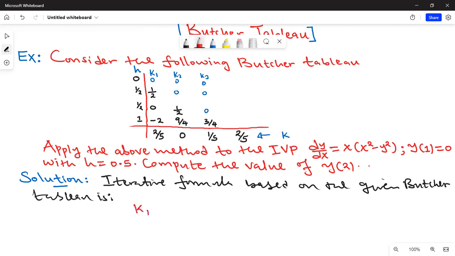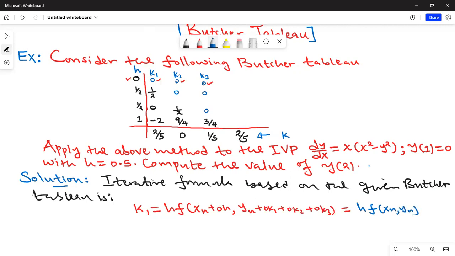K1 is equals to h f of xn plus 0h, comma, yn plus 0k1 plus 0k2 plus 0k3, which simply means that this is equals to h times f of xn, yn. That's what it means.